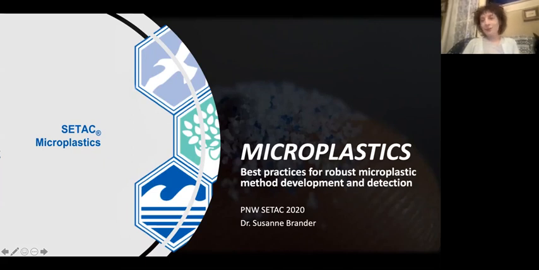Hello everyone, thank you for joining us for the short course being offered this year for the Pacific Northwest SETAC annual meeting. Today we'll be talking about microplastics and getting into best practices for robust microplastic method development and detection.